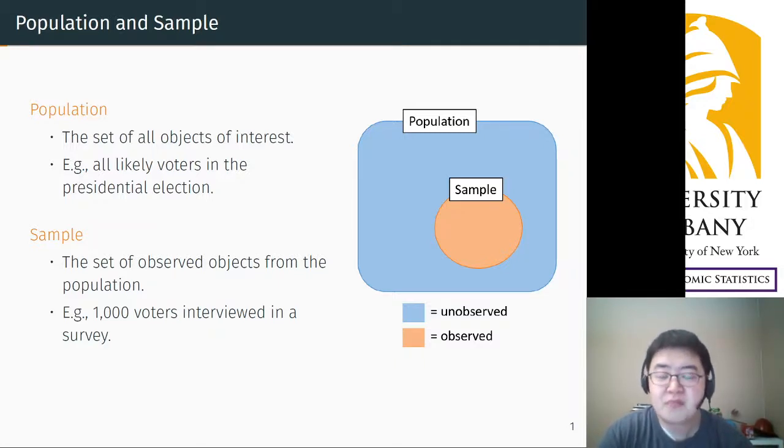So population is our target. This is what we want to know. Estimation is basically a process of guessing something, and population is the target. If you know the population, then you don't need any statistics.